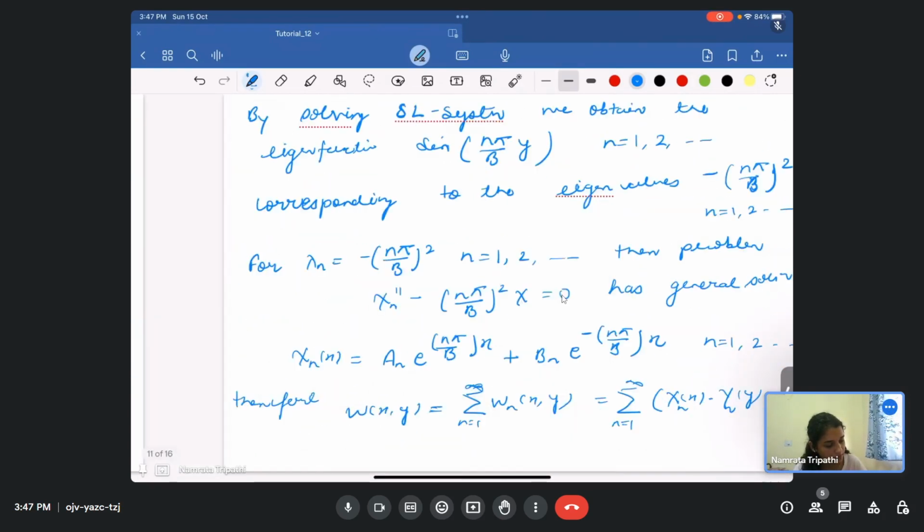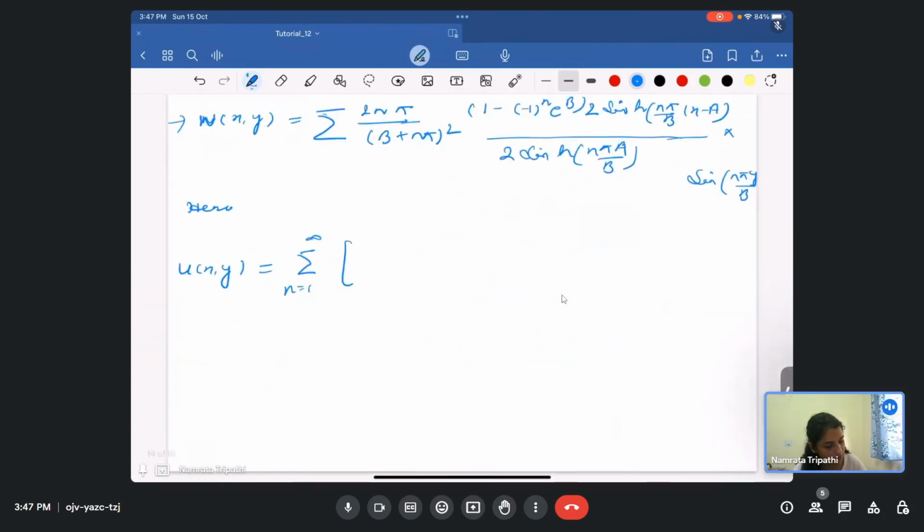And here we obtain the solution for w, and combining these two terms we can obtain the solution for u x y, which is v x y plus w x y.